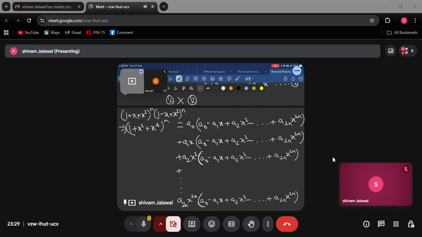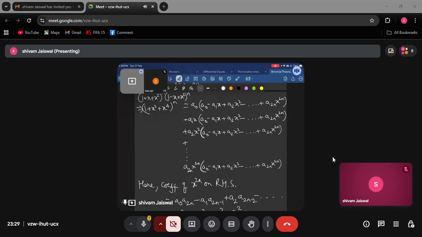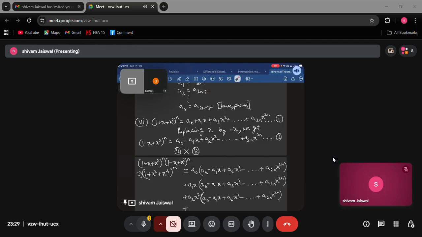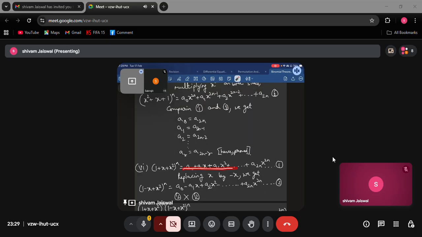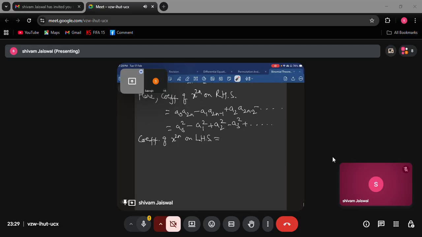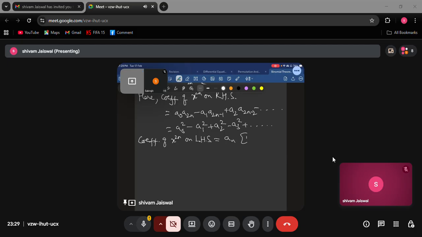It is the same as the coefficient of x to the power n in the initial expression, because you are just getting the square of the powers. Exactly. If I want to find the coefficient of x to the power n, that is a_n itself. So it is equal to a_n. Hence proved.